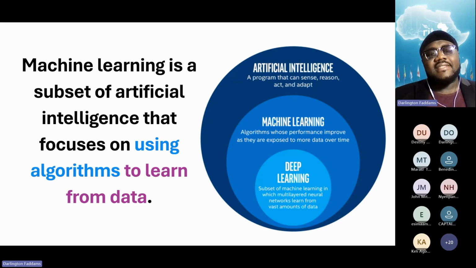ML is the subset or the aspect or the part of AI or the technique of AI that creates intelligent systems using data. In this particular field of AI, we focus on using mathematical and statistical algorithms to learn from data.